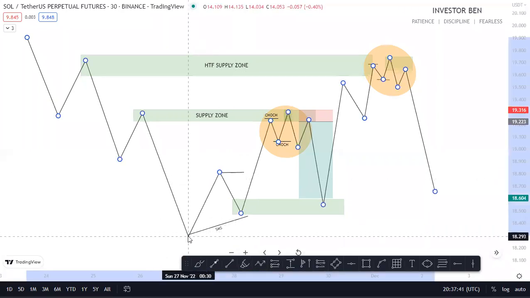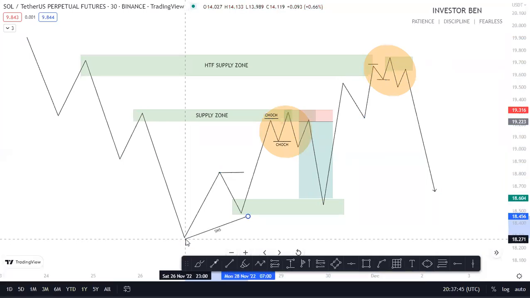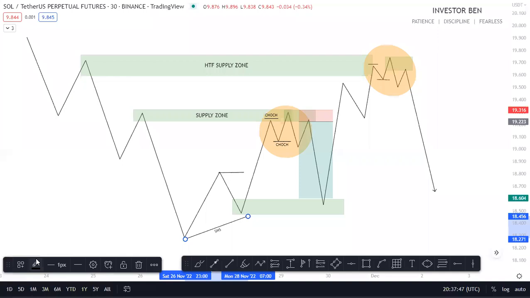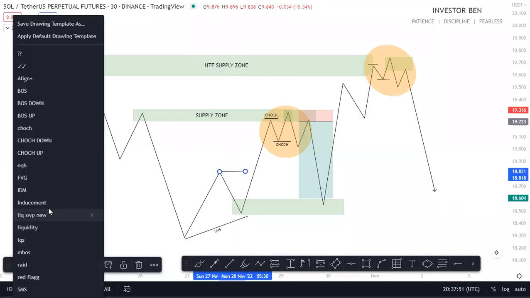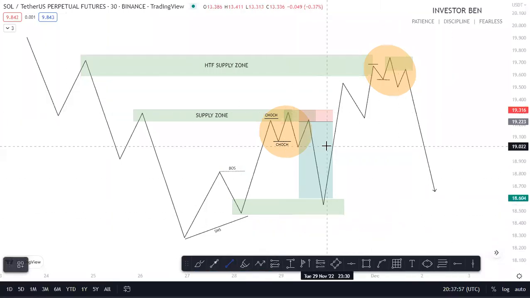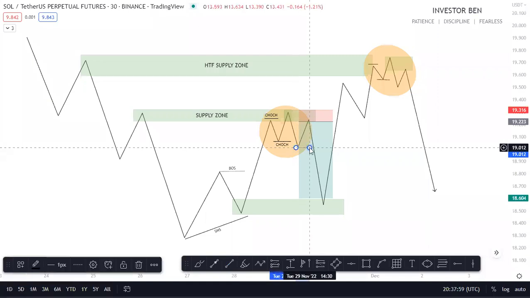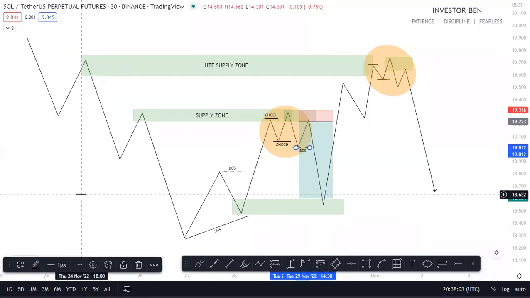A break of market structure at this point, here. BOS up. And then even in the fractal structures, you will see minor BOS.